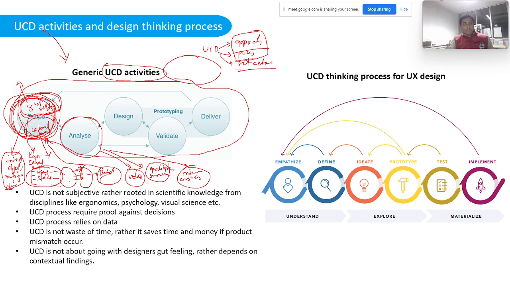So the nature of the data is different: video is different, qualitative survey information is different, and some may be only observations for which you have only images. Then you need to analyze all the data and come up with a set of requirements. So in detail, the analyze phase involves collection of all the data, analysis of the data, and then identifying a set of requirements.